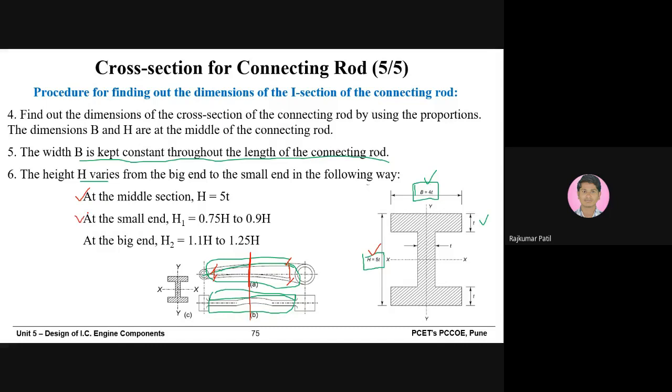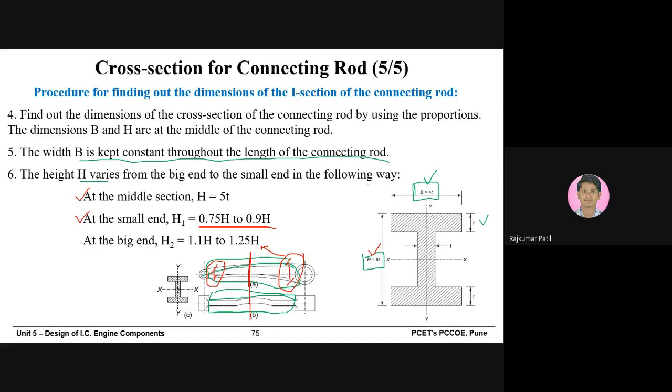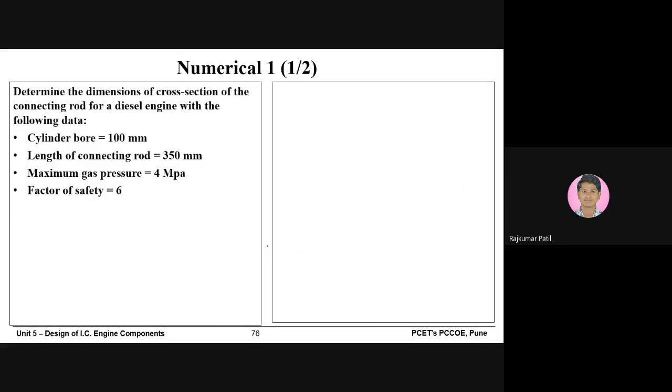And at the small end, it is taken as 0.75 H to 0.9 H. So at smaller end, 0.75 to 0.9 H. And at the big end, the H2 is taken as 1.1 H to 1.25 H. So now, based on this, we will solve one numerical.